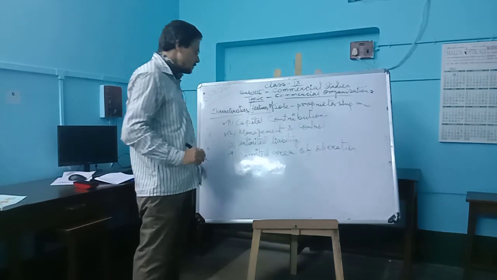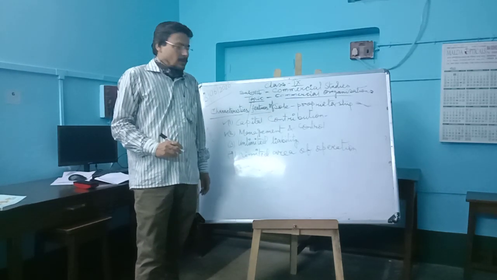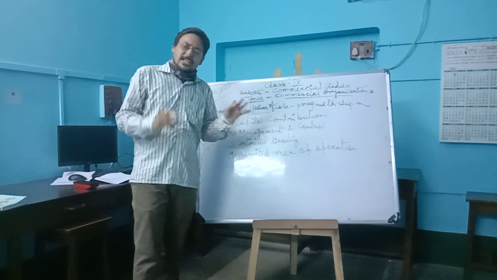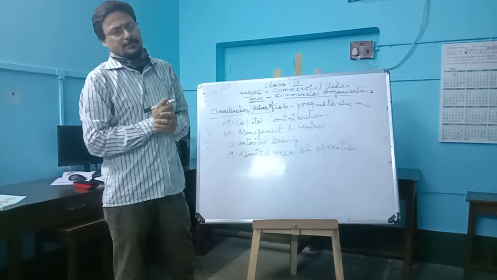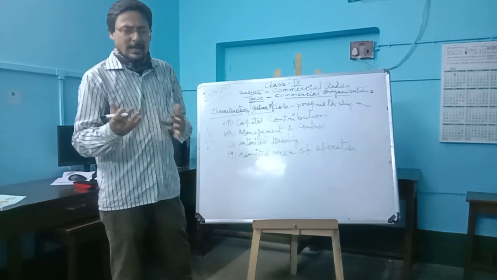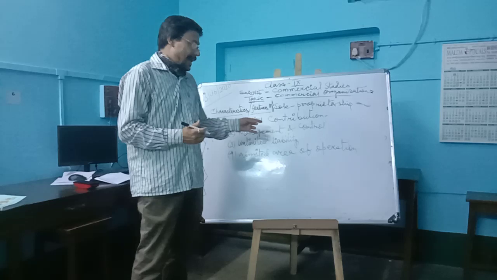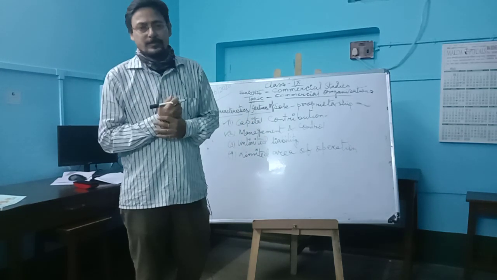Number 2, management and control. From the beginning of the definition, you know that one man control means one person is there. It may be he or she, whatever. So, the management and control is always in his or her own hand.